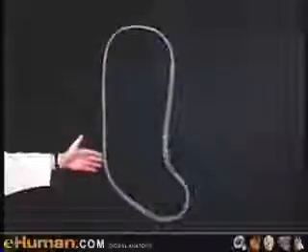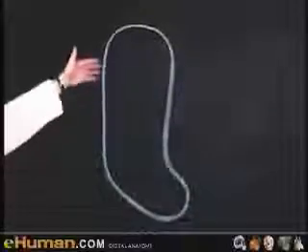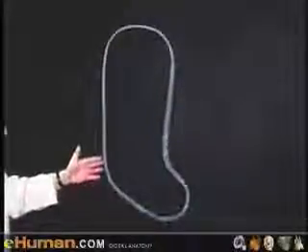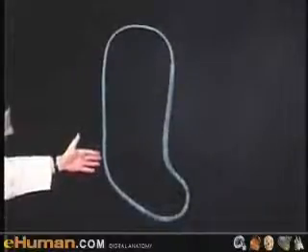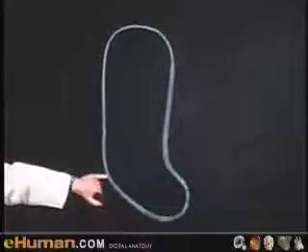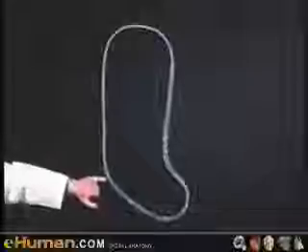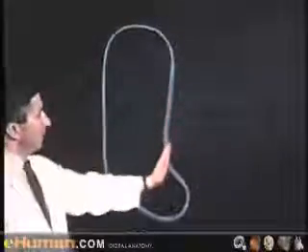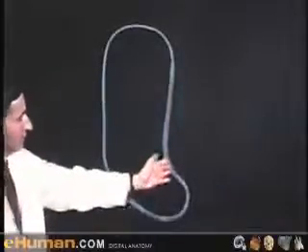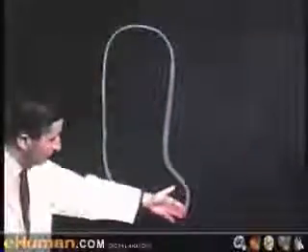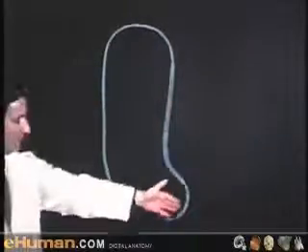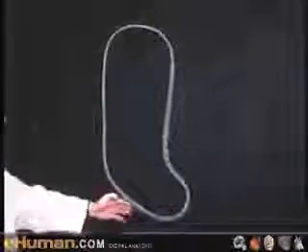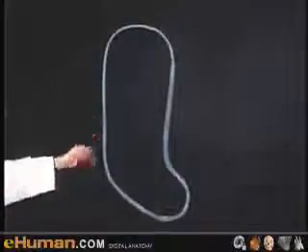On the posterior surface of the anterior abdominal wall, it will be supplied by the lower 6 thoracic nerves, and down in the region just above the symphysis pubis, it will be supplied by the first lumbar nerve. On the posterior abdominal wall, it will be supplied by branches from the lumbar plexus. And of course, down in the pelvis, it will be supplied by the lumbar and sacral plexuses. This is the parietal peritoneum.